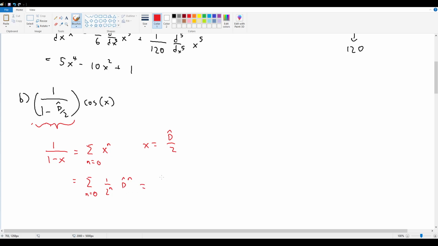So this is like 1 plus 1/2 d by dx plus 1/4 d squared by dx squared plus 1/8 d cubed by dx cubed, and so on and so on.